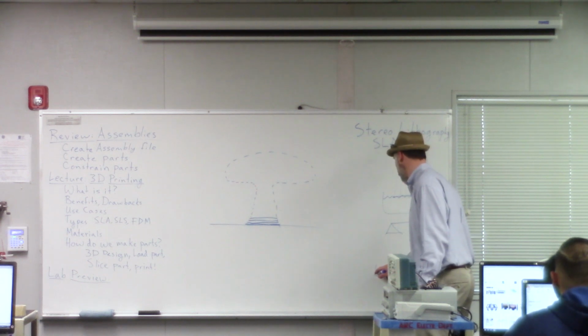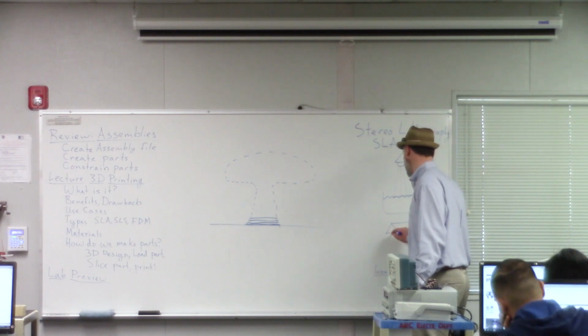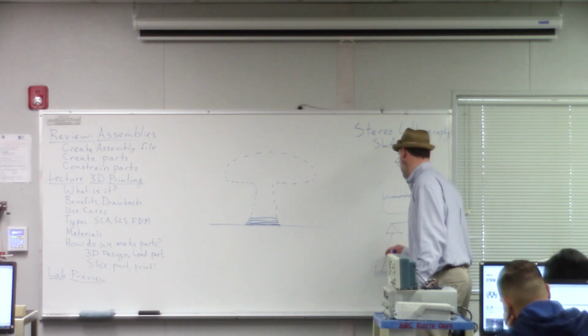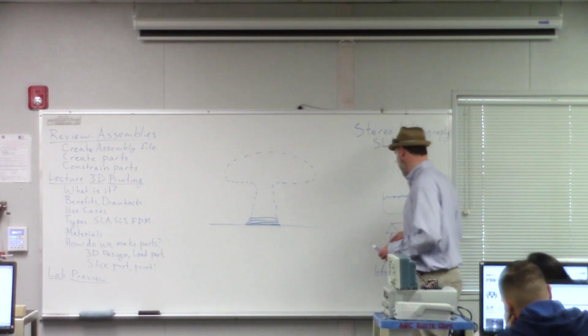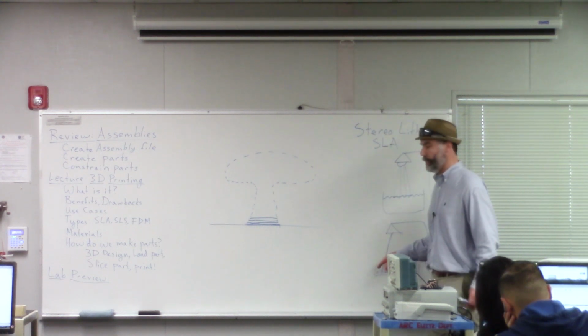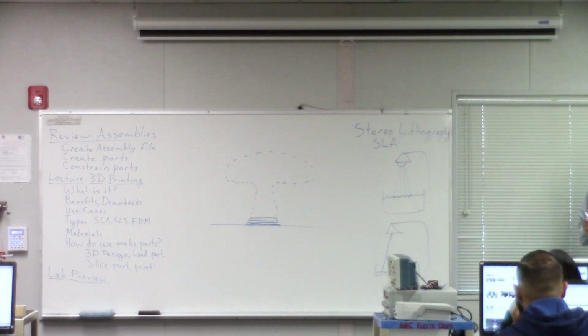This is usually dry material, so it's like a very fine powder. And then what happens is that the laser beam shines down, and it creates a picture of the first layer, and it's hot enough that it actually melts the material that it's shining onto.